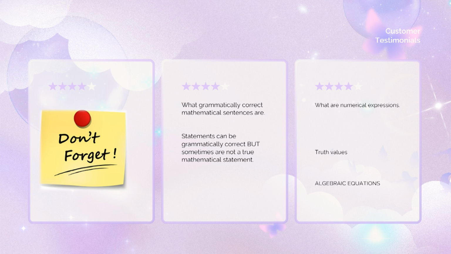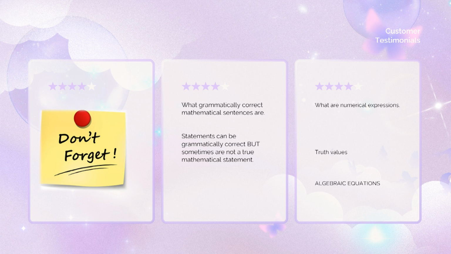Something I don't want us to forget, what grammatically correct mathematical sentences are. Remember, they don't necessarily have to be true. They just have to have your numbers, your variables, your operation symbols, and if it is an equation, it has to have that equal sign. Statements can be grammatically correct, but sometimes they're not true, but they're still a mathematical statement.